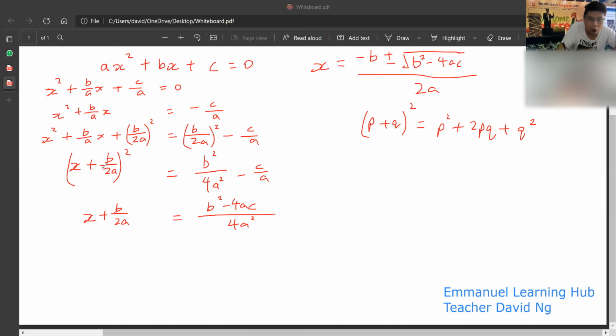Okay, if I square this side, if I take the square root, I must also take the square root here, right? The square root of 4A squared is 2A, plus and minus.